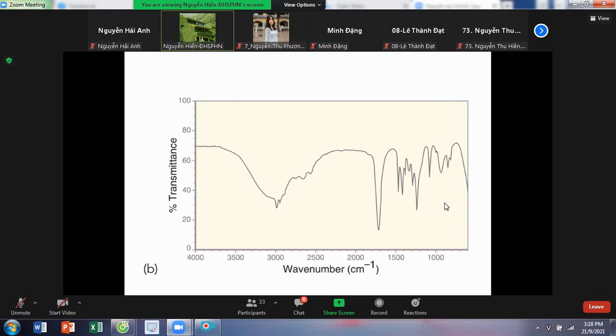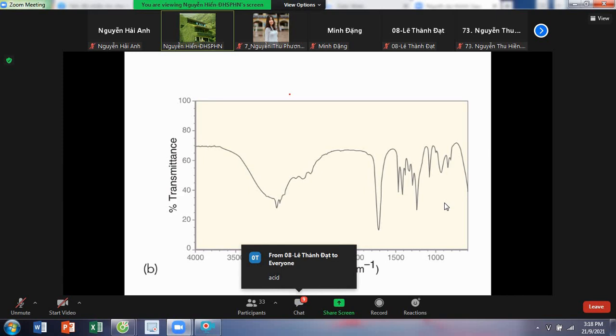This one looks quite typical, right? So yeah, 3000. I agree, I think it is an acid, that was a very fast answer. So remember that it has a very broad and typical band. Yes, it is a carboxylic acid.